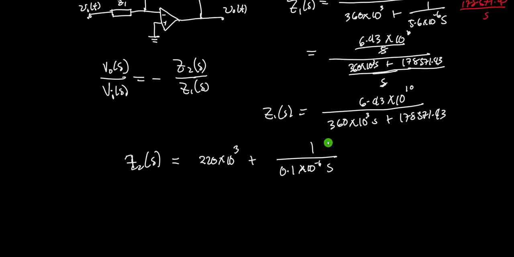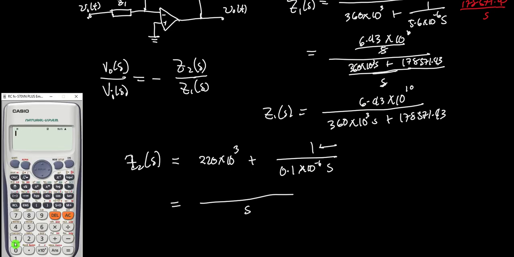And we can simplify this. We can add them with the least common denominator S. Then we can change this: what is 1 over 0.1 times 10 to the negative 6, 0.1 micro?